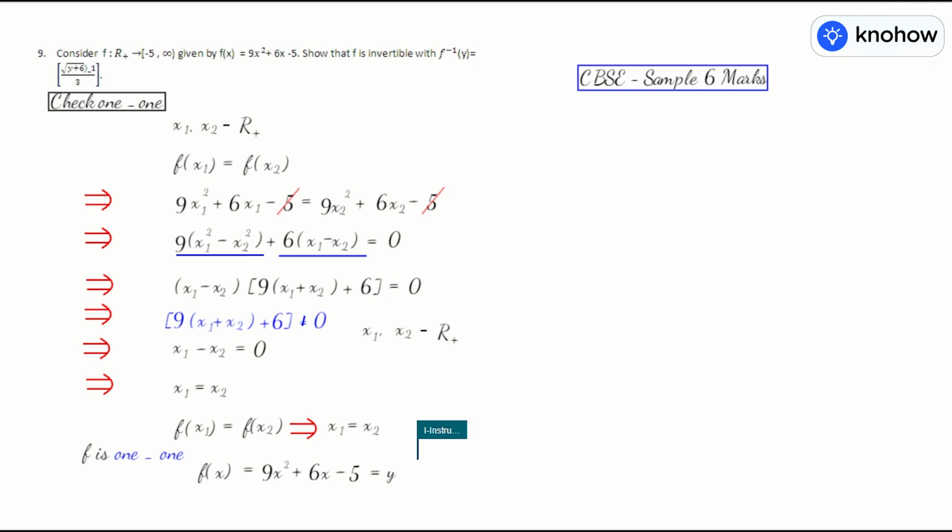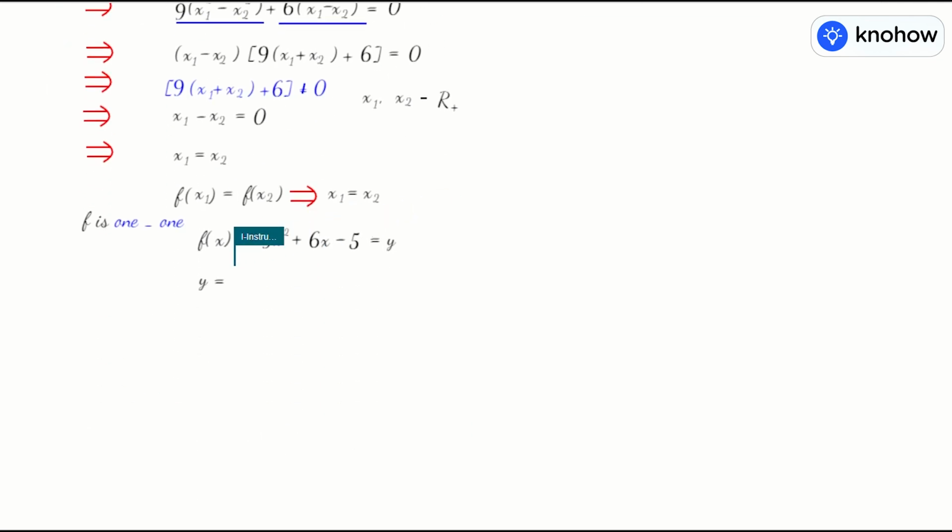And from here, can you get the value of x in terms of y? So y equal to, try to make it a perfect square. It can be written as (3x) squared plus 6x. So 6x may be taken as 2 into 3x into 1. So you need plus 1 squared here, and to compensate, minus 1, minus 5.